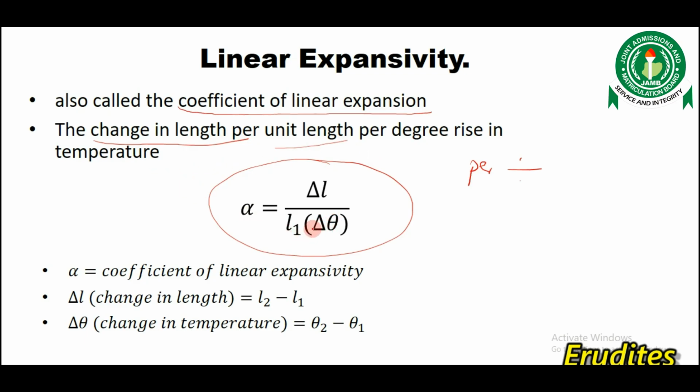From this formula, alpha is the coefficient of linear expansion, also known as linear expansivity. Delta L is the change in length and it is equal to L2 minus L1. L2 is the new length, L1 is the initial length. Then delta theta is the change in temperature and it is equal to theta 2 minus theta 1.